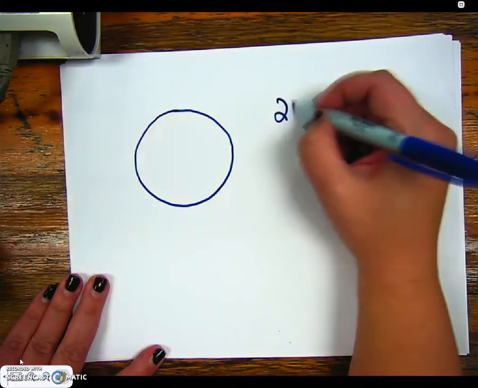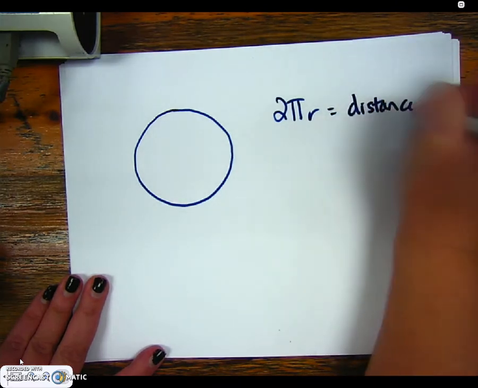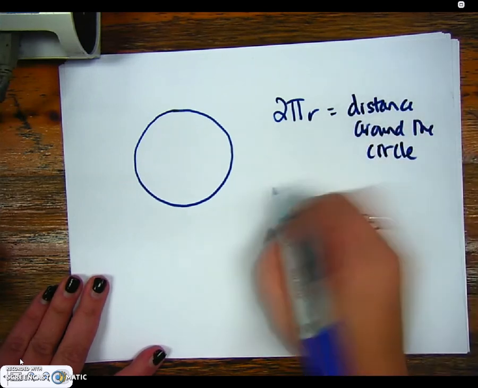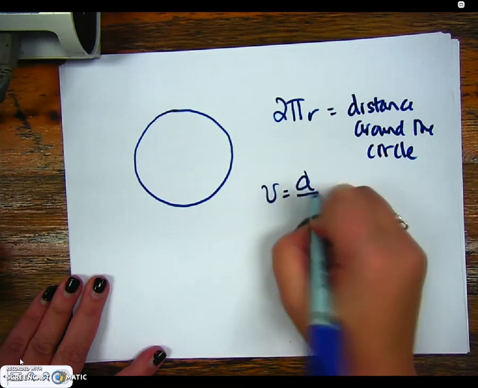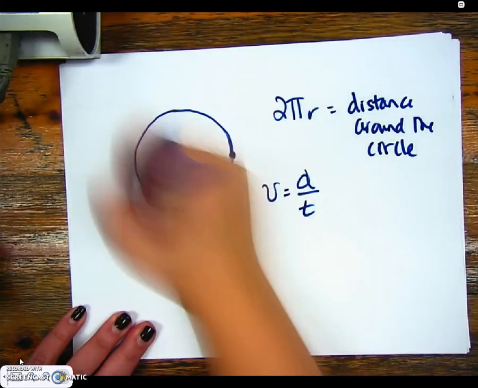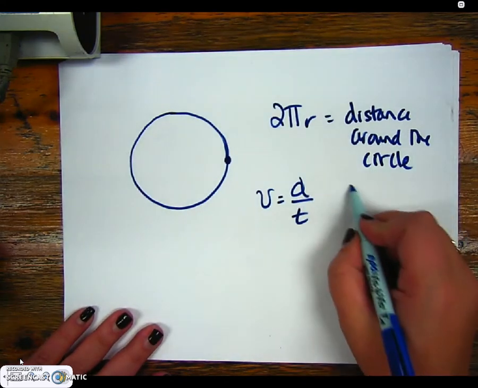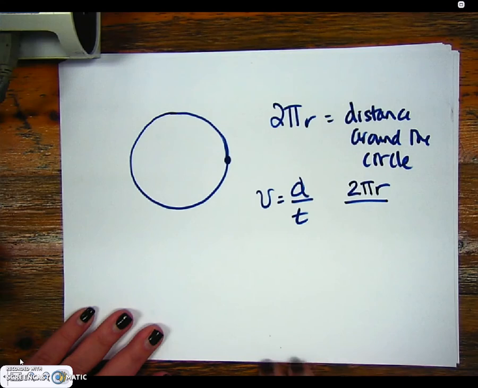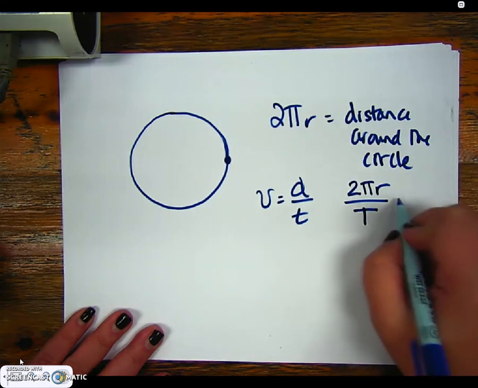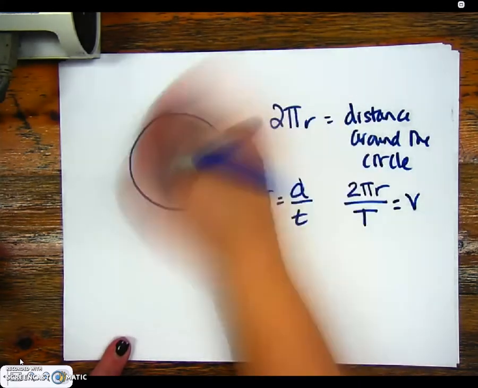Okay, so remember 2 pi r is your circumference, and that's the distance around the outside of the circle. We know that velocity is distance over time. So if I wanted to calculate how fast something was moving around in this circular path, I would need to know the circumference, so I could do 2 pi r, and divide it by the time it takes to go that distance, which is your period, which we write with a capital letter T. So this is a way of finding the velocity, or the speed, that an object is going around in a circle.